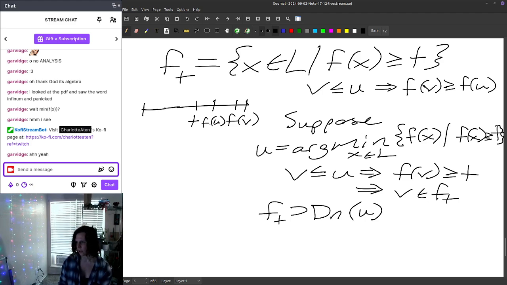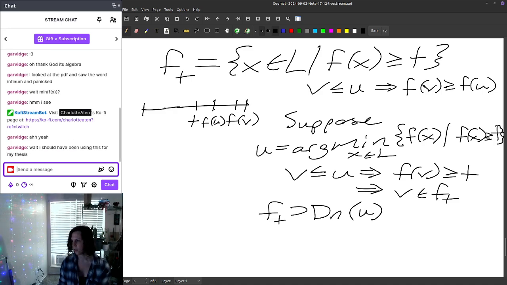Okay, so certainly we know this, and also notice that we have that, but then also notice that it didn't really matter what t was as long as this f of u.